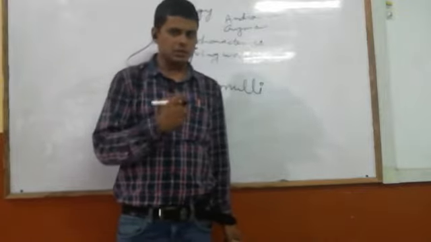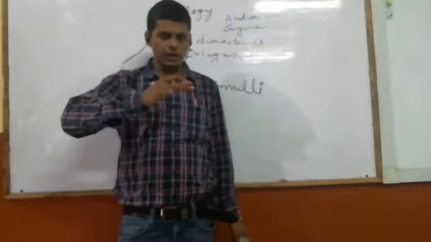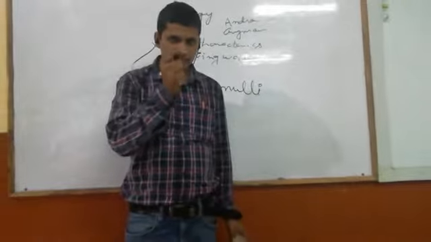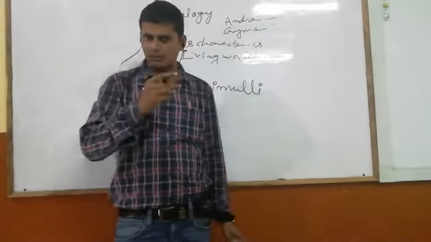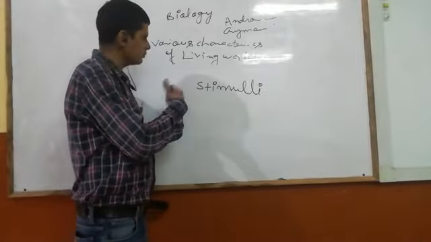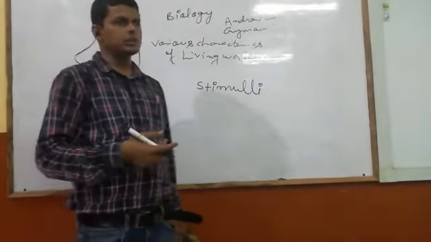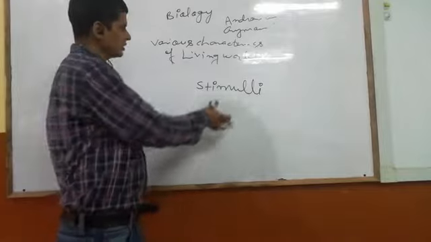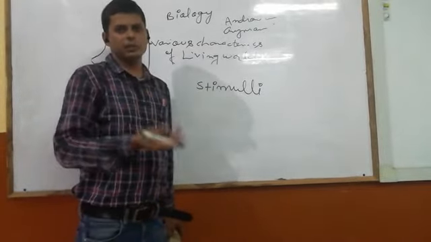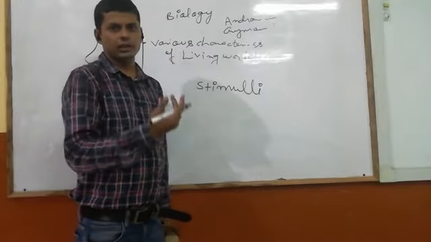Some animals also respond to stimuli. Animals have nervous systems, but plants also respond. So these are the different characters of the living world, stimuli and consciousness in plants. This is also very important, and you can understand these things.